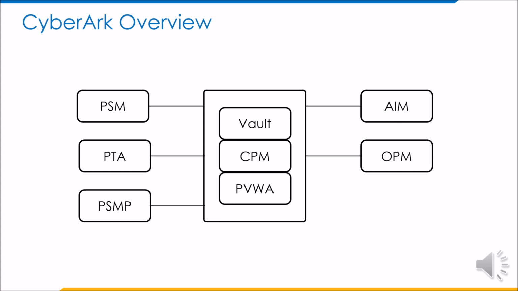The On-Demand Privilege Manager or OPM is a component that provides elevated access for the users on request. This ensures the least privilege policy is used on the target. The SSH Key Manager is a component that allows management of SSH keys to privileged accounts from CyberArk.